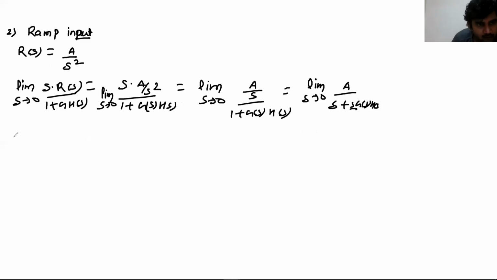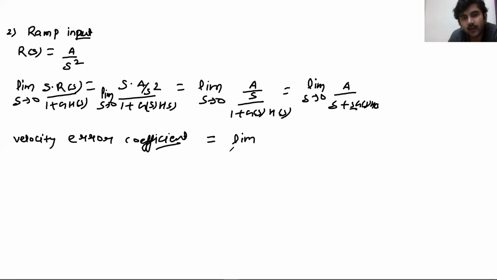Now another coefficient we have is the velocity error coefficient, or constant we can say. This is given by limit s tends to 0, s into G(s)H(s).